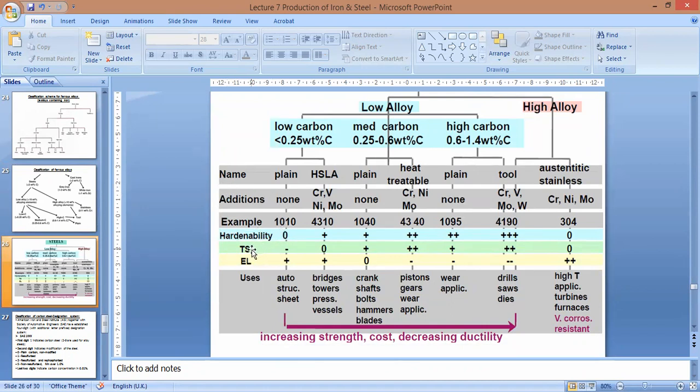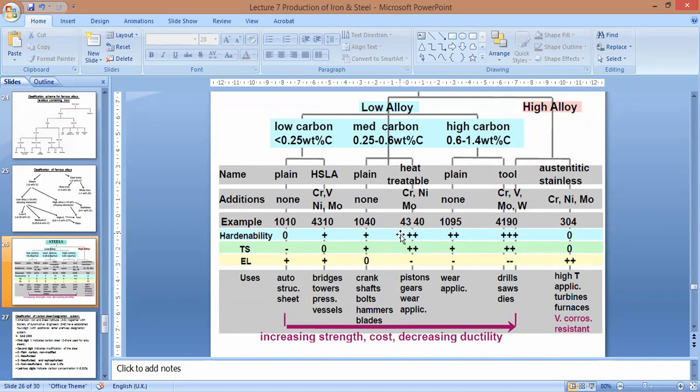So as you can see, tensile strength, hardenability, additions. Okay, so for example, for medium carbon here, you have heat treatable flame, and then what's added? Chromium, nickel, and molybdenum. Okay, an example is this one here.